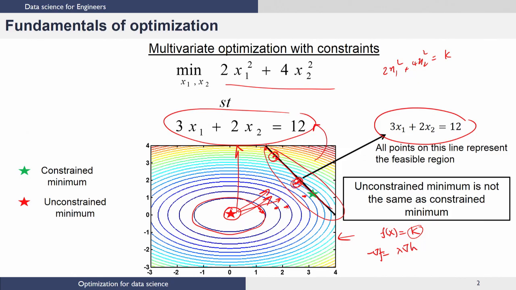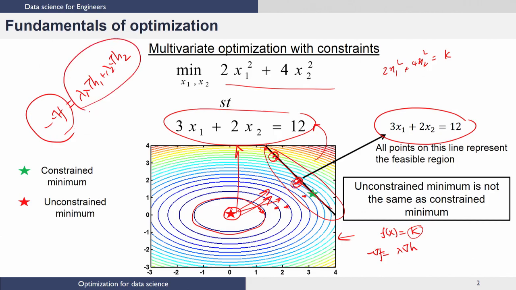Now, when you have many equality constraints, while it is not as easy to see as in the single equality constraint case, the statement that minus grad f, let us say if I have 2, is lambda 1 grad h 1 plus lambda 2 grad h 2 basically says that the negative of the gradient has to be written as a linear combination of grad of h 1 and grad of h 2, and that has a geometric interpretation.